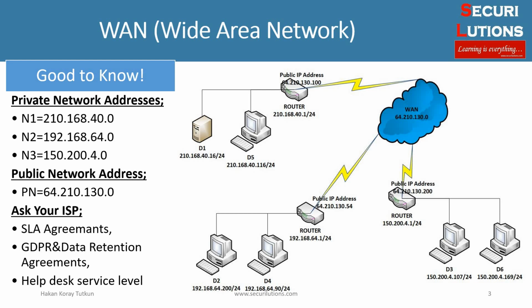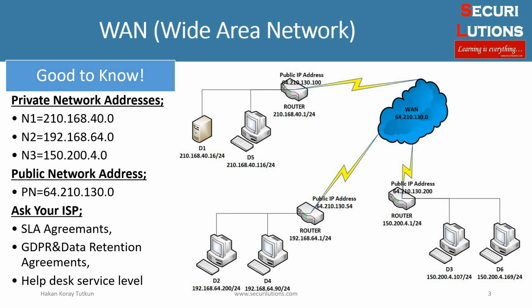Public IP addresses are assigned to your network router by your internet service provider ISP and used for accessing directly over the internet. As you see from the topology, the ISP has its own network for connecting the routers. 64.210.130.0 is the public IP address of N1 local area network. 64.210.130.54 is the public IP address of N2 local area network.